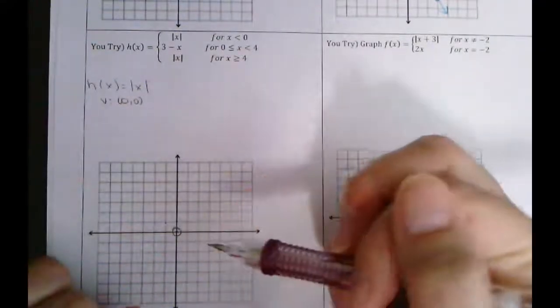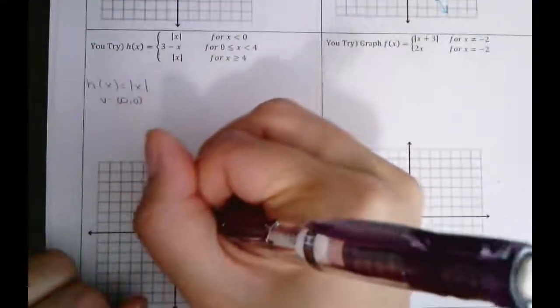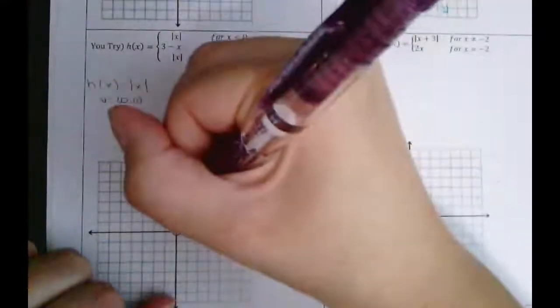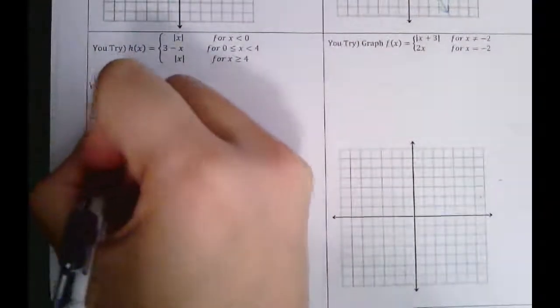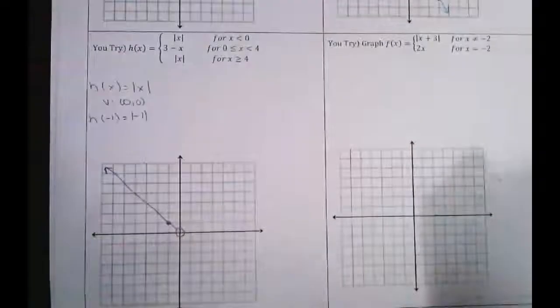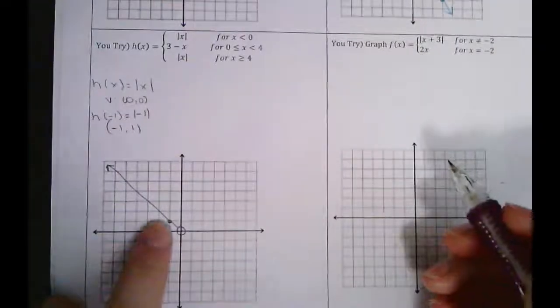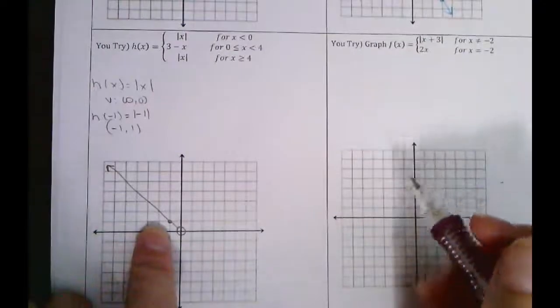Since we only want values less than 0, we're just going to go up and to the left and not up and to the right. If you want, you can also plug in a value that is less than 0. So if you plug in -1, you get 1, and that's also how you can get that point.